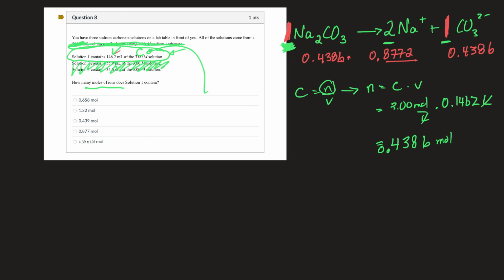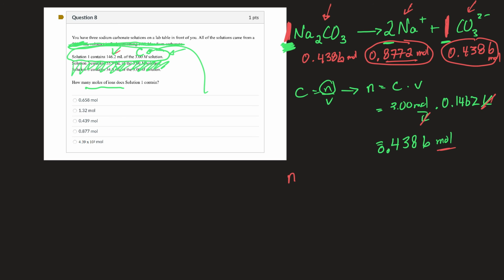This would all be moles, because those liters canceled out, right? So it's just moles. So this would be moles, and this would be moles. So in looking at the question, it says how many moles does the solution contain? So of ions, so this is an ion and this is an ion. This isn't an ion, it's a compound. So what I just need to do is add this number and that number.